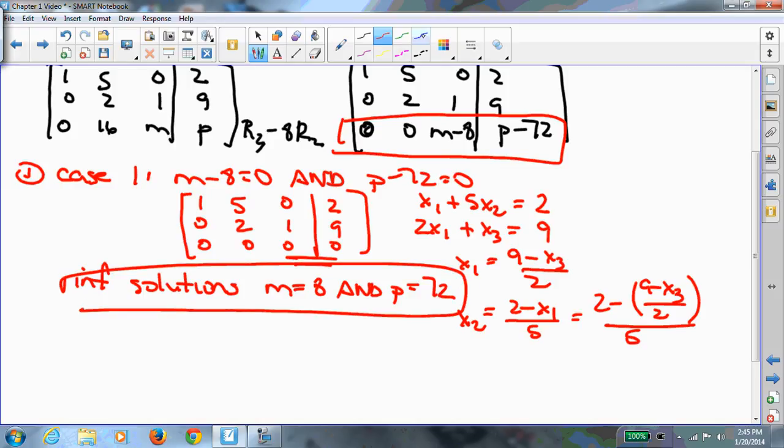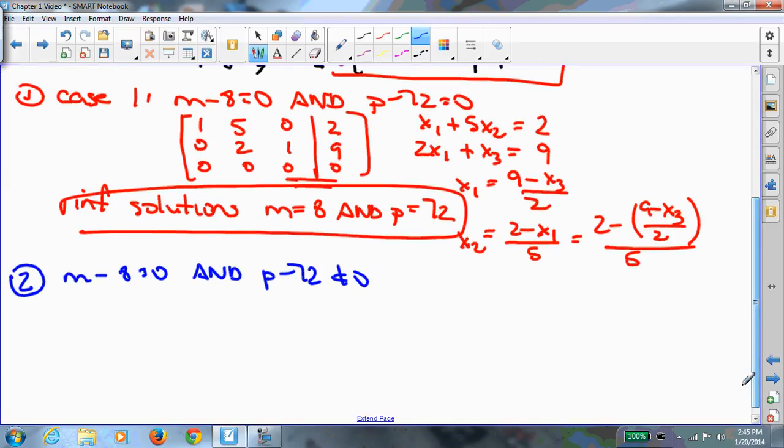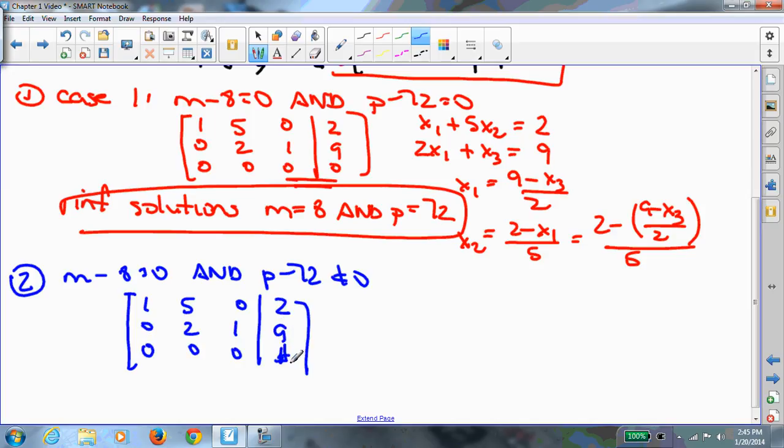Okay, second case. I have m minus 8 equals 0, and p minus 72 is not equal to 0. So if I rewrite it, I have something like 1, 5, 0, 2, 0, 2, 1, 9, 0, 0, 0, and some number that's not equal to 0.